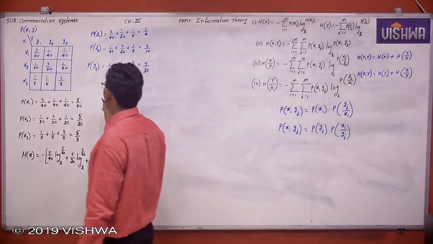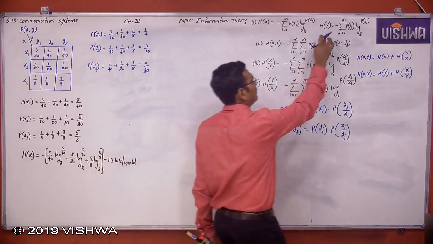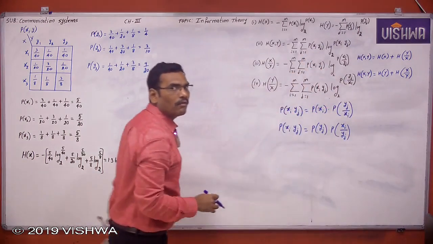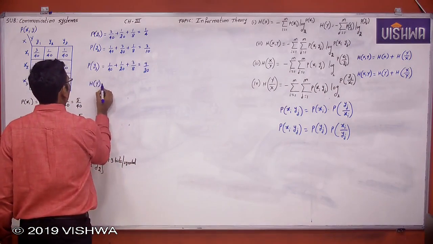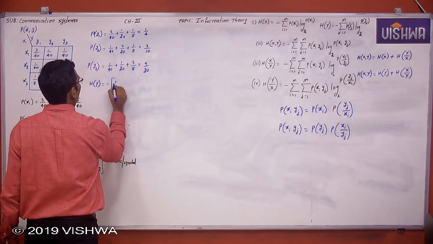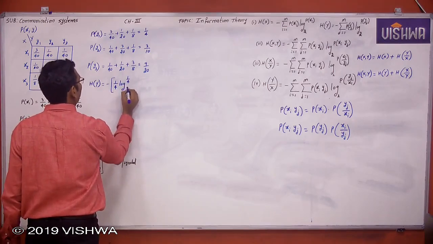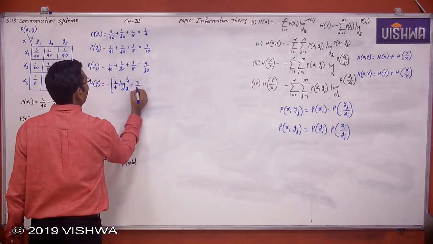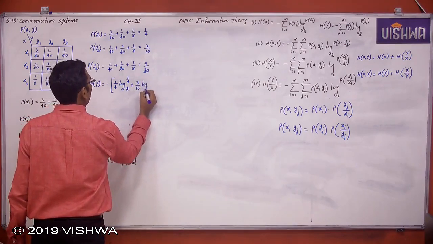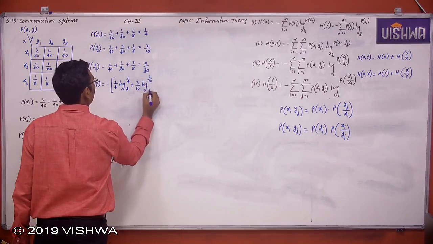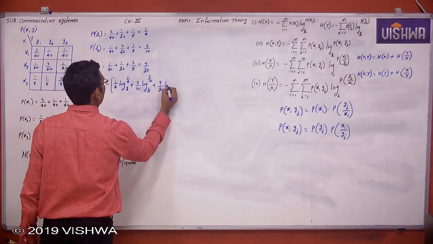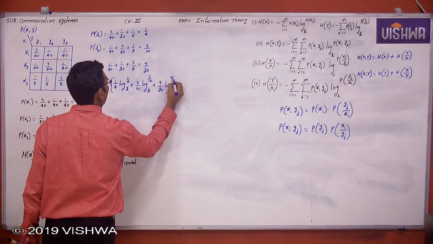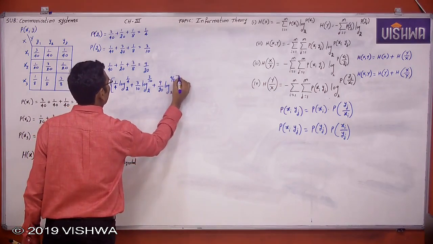Now what is h of y, the entropy of a source y? H of y is equal to minus of 1 by 4 log 1 by 4 base 2 plus 3 by 10 log 3 by 10 base 2 plus 9 by 20 log 9 by 20 base 2.